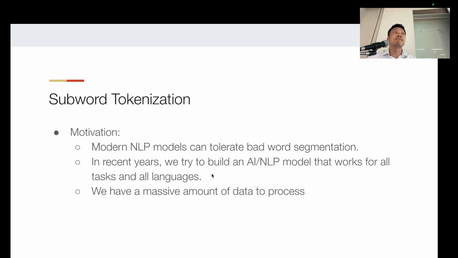bad word segmentation. So you might get 20% wrong on word segmentation, and it still performs well. So with what we know, we think that we can do a really bad job at this. We want the speed because why? If you want to train a large language model, you want to tokenize the whole internet.